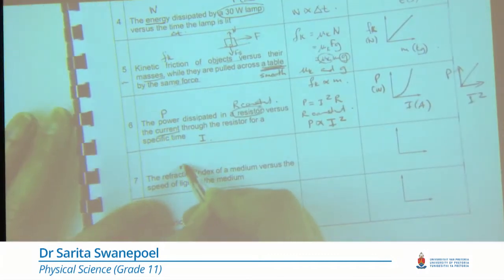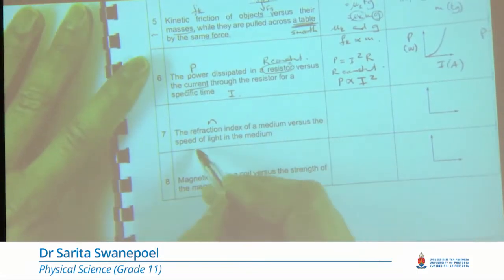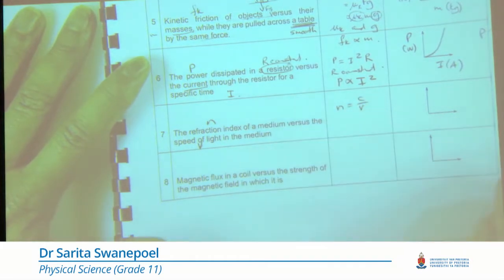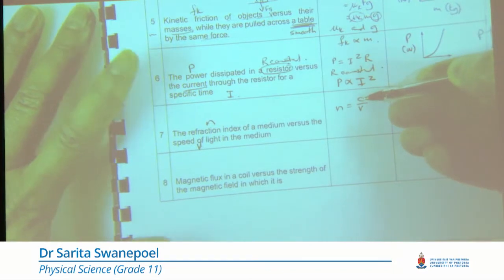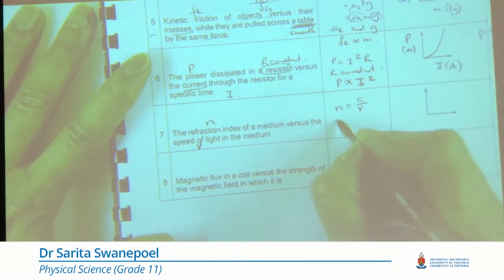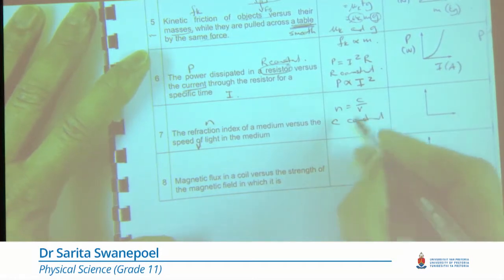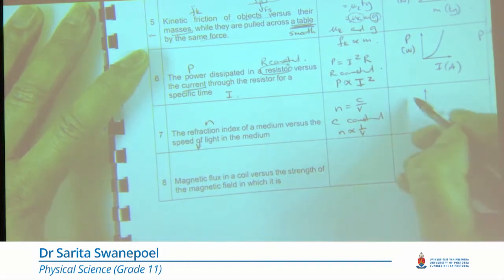Okay, refractive index, n. We're looking for n of a medium versus the speed of light, v. We said n equals c over v, right? The refractive index is the speed of light in a vacuum divided by the speed in the medium, and c is my constant. And then n is inversely proportional to v. So this is n.